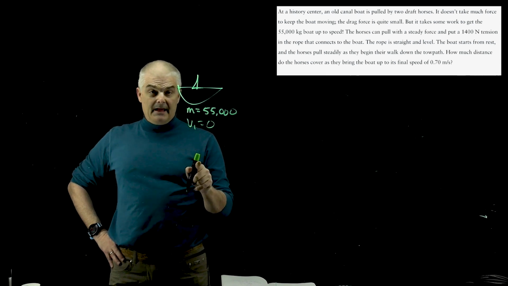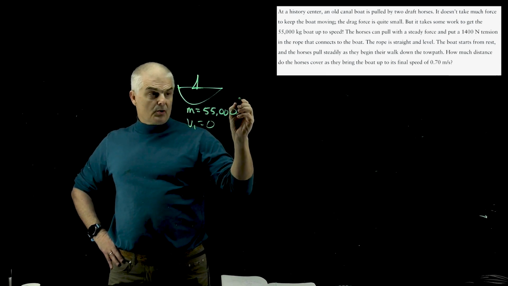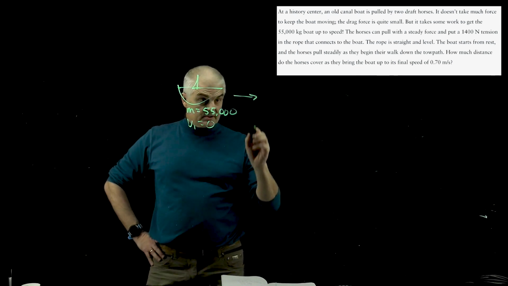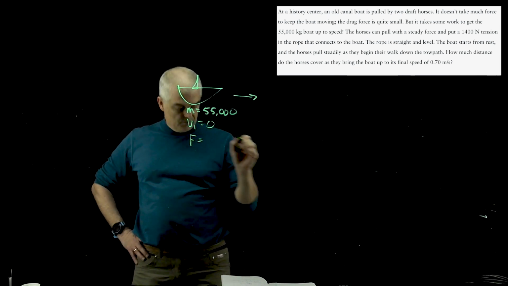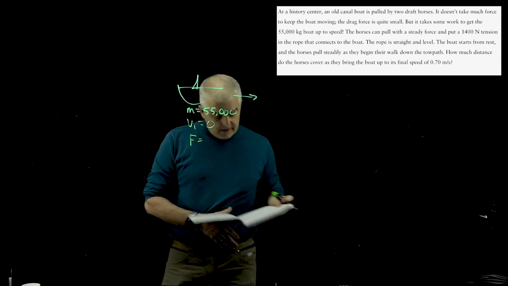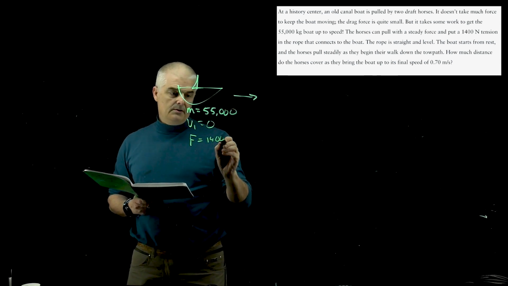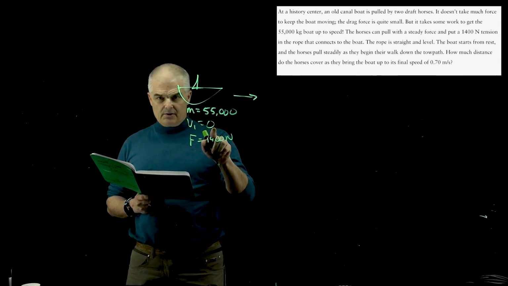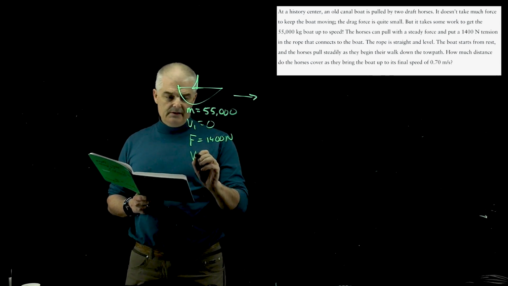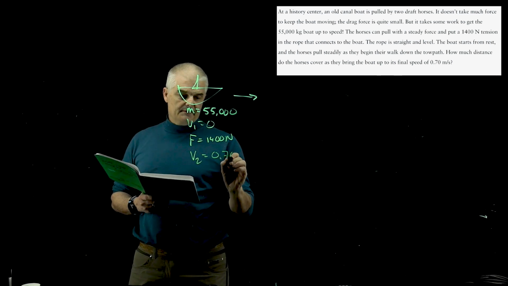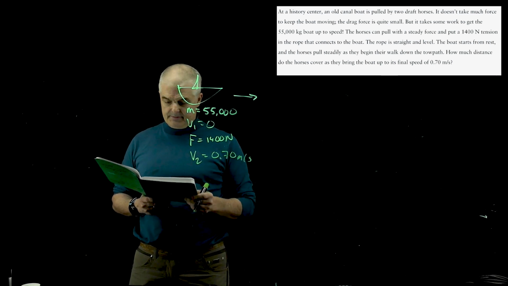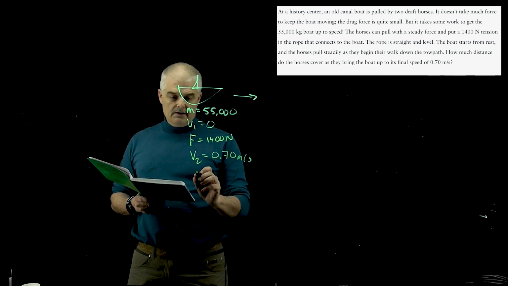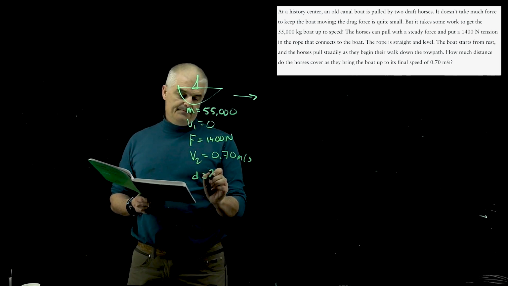And there's a drag force, F equals 1,400 newtons. It gets to a final speed V2 of 0.70 meters per second. And they ask you to solve for the distance.